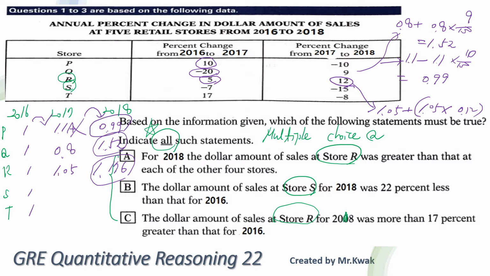Let's move on to S. In that case, a 7% decrease, so 0.93 as a number, not as a percent. Then 0.93 minus 0.93 multiplied by 15%.